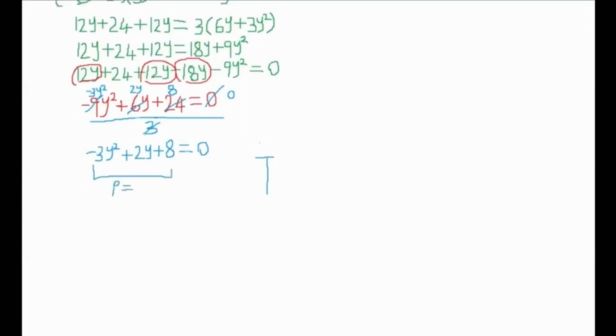So when solving using factorization, you need to find the two numbers which, when multiplied, must give you the product, which here is negative 24, and which when added should give you positive 2.